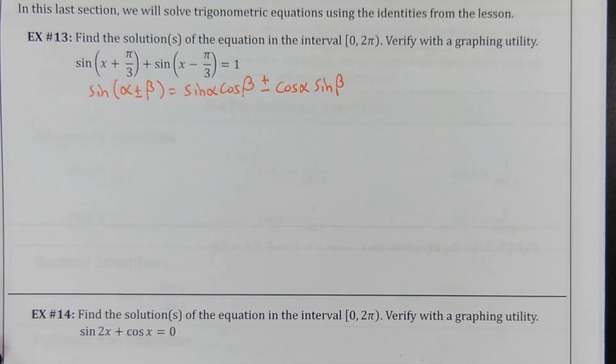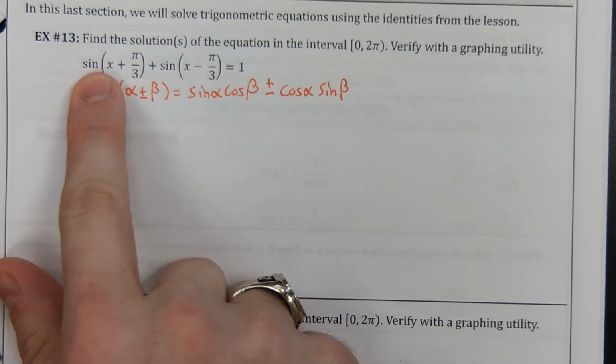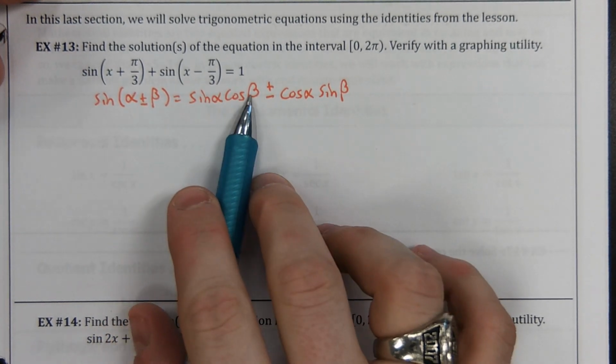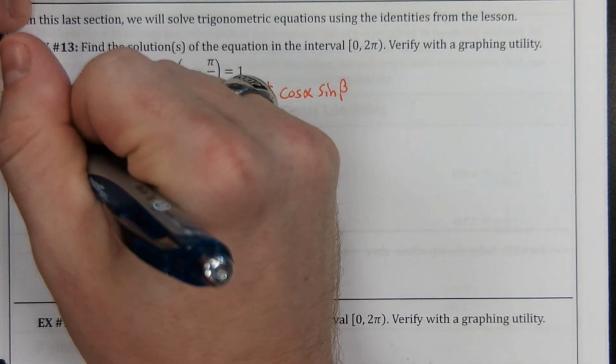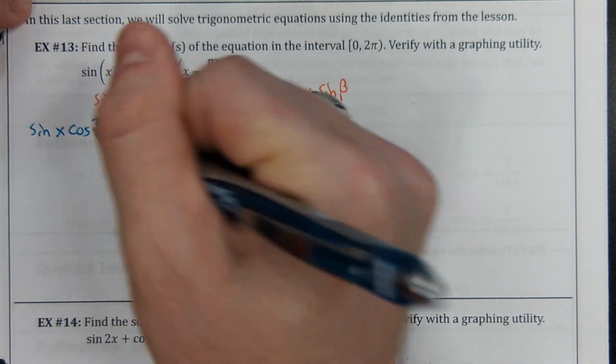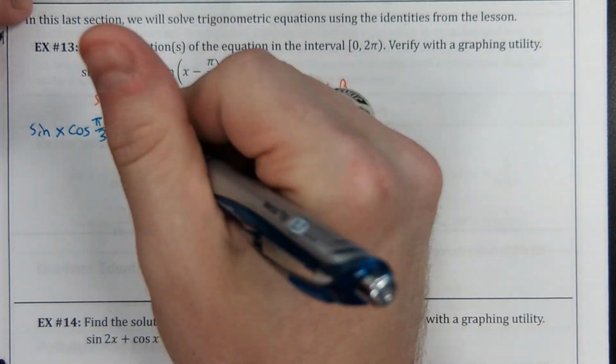Okay. Anywho, let's fill this thing out. We'll do the left one first. It's going to go sine x cosine pi over 3, same symbol, plus cosine x sine pi over 3.